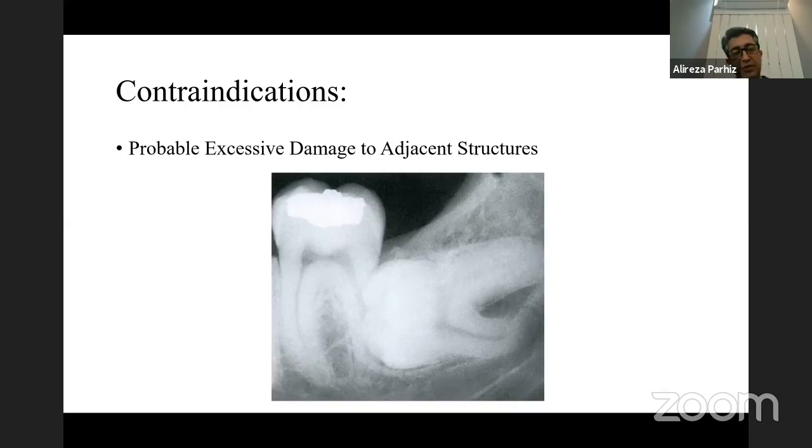Removing these impacted teeth will cause some nerve damage and also damage to the distal root of the second molar. So if there is no sign of dental caries or pathologic lesions, it's better to keep the impacted teeth here and just follow the patient every 1 or 2 years.